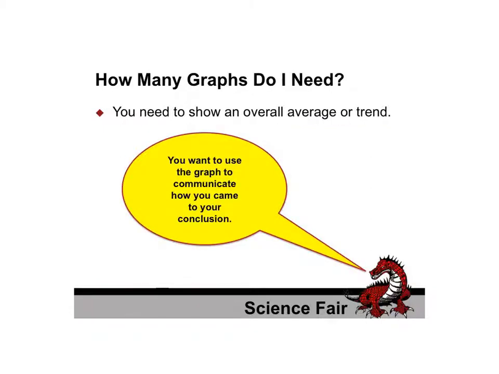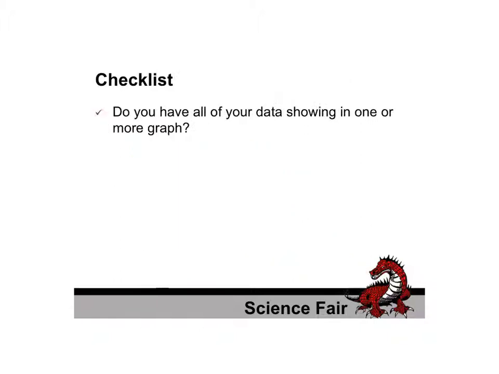You want to overall be able to use your graph to show your judge what conclusion you made and how you came to it. Was your hypothesis right or wrong? And is it wrong to have a wrong hypothesis? Absolutely not. You just need to use your data to support your claims. So when you're doing your graph, I want you to go through this checklist.